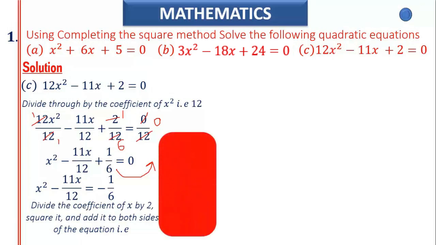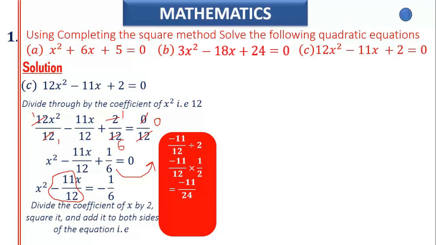We have our -11. Now you have to be careful, everything here is what you're picking. That's from here, the coefficient of x in this case: -11/12 divided by 2. That will give us -11/24.